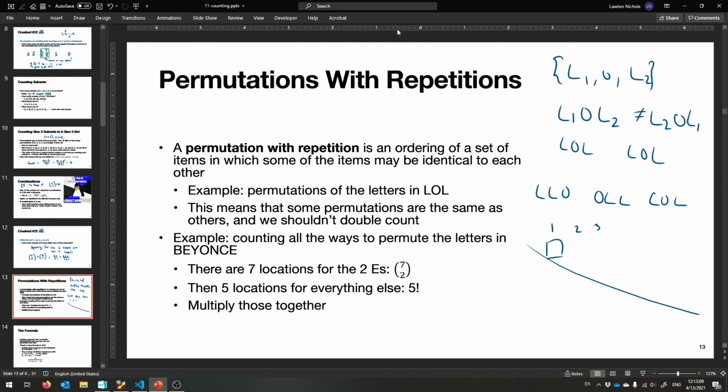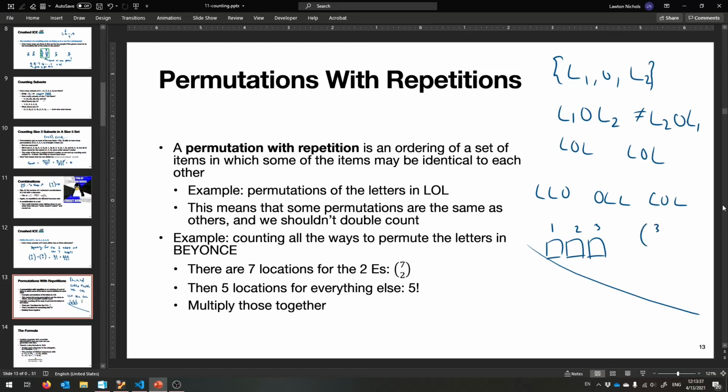And we can put any letter anywhere. The idea is we have to choose which places get the L's. So we have a size 3 set to choose from. We're trying to assign the L's to go in slots 1 and 2, or 2 and 3, or 3 and 1. How many different ways are there to assign the 2 L's to slots?